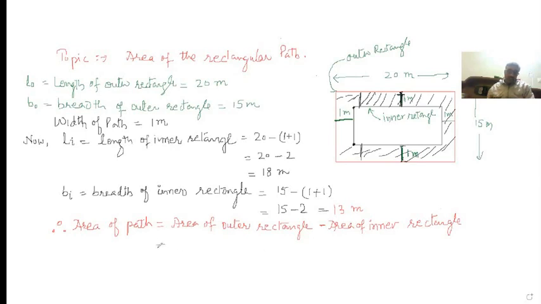What is the area of the outer rectangle? LO into BO minus LI into BI.